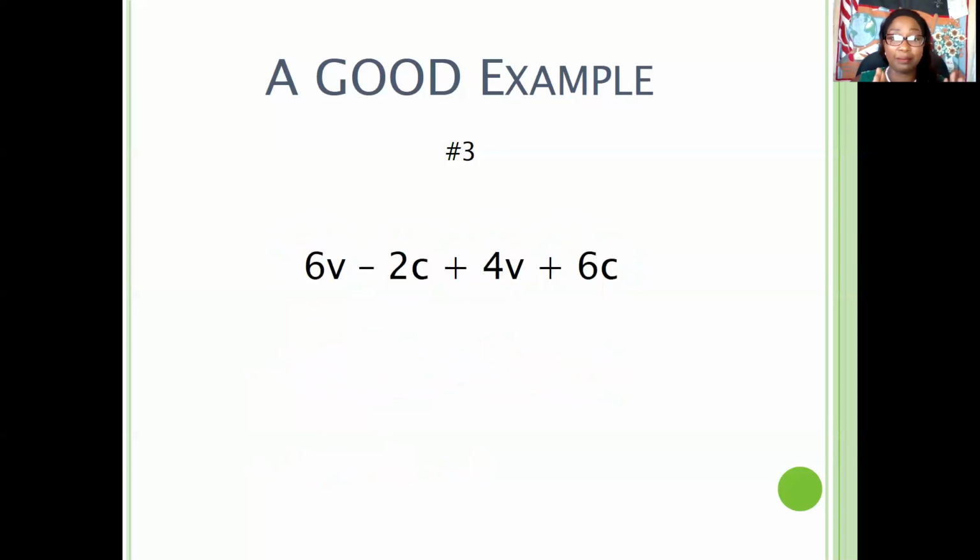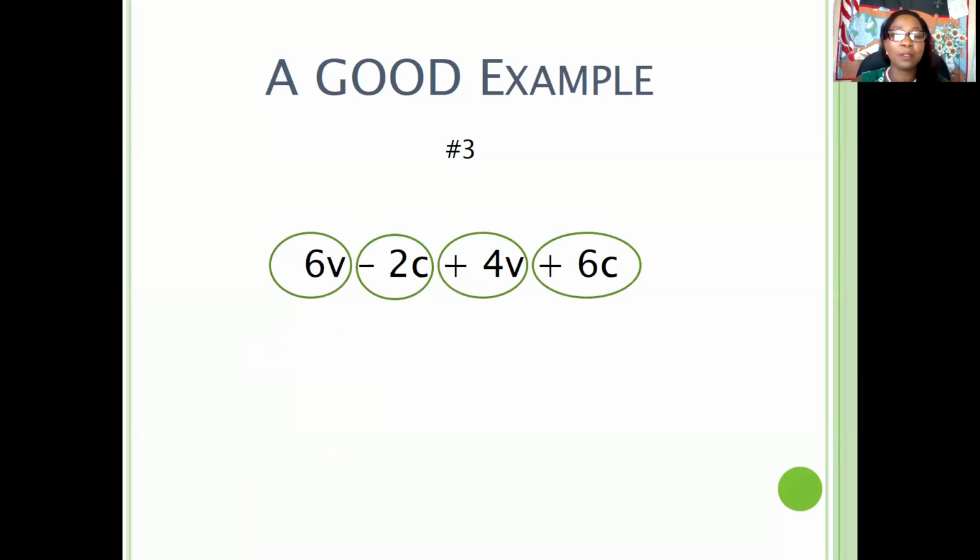Example number 3. 6v minus 2c plus 4v plus 6c. Let's look at our terms. How many terms do you see? If you said 4, you are absolutely correct.